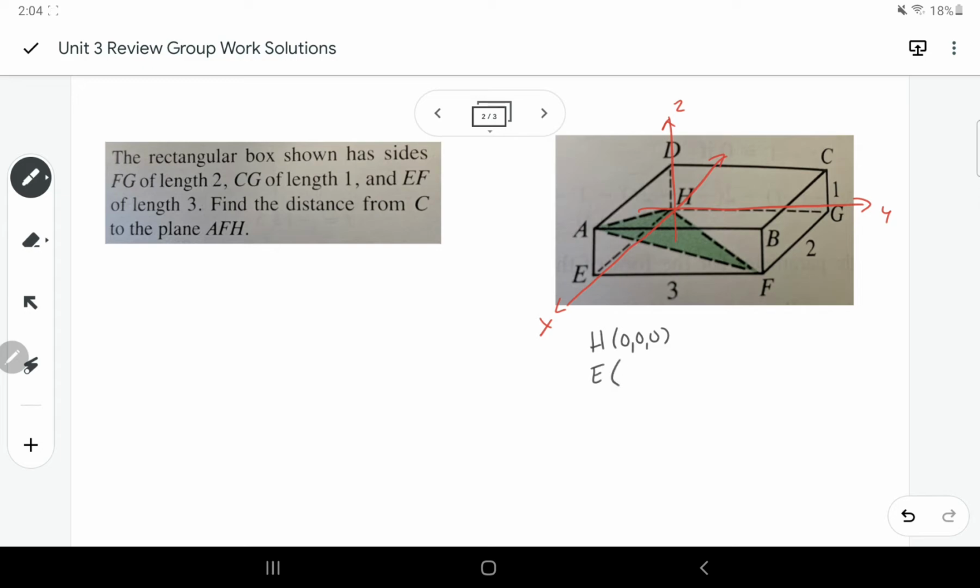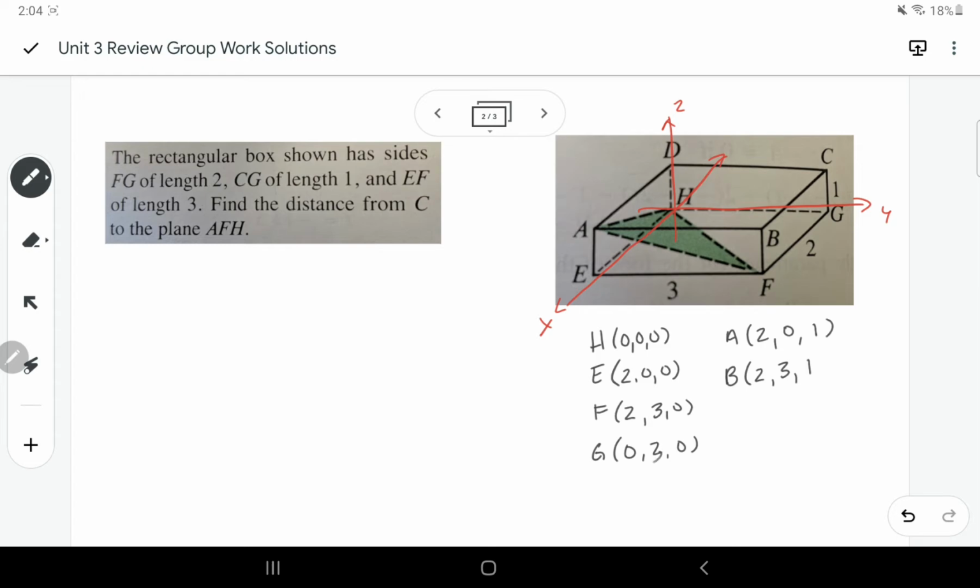So I don't know which of these I really need, probably not all of them, but E will be 2, 0, 0, F will be 2, 3, 0, G will be 0, 3, 0, A is 2, 0, 1, B is going to be 2, 3, 1.